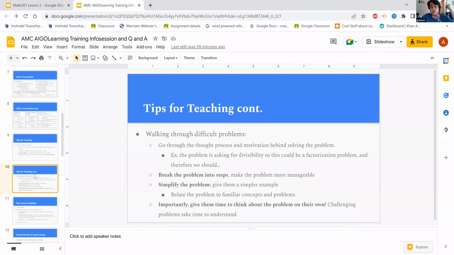And you want to break the problems into steps, to make the problem more manageable. I know this might be a bit difficult, but there are solutions online to a lot of these problems. I know it's really hard sometimes to come up with a solution to every single problem, especially when you're teaching a lot of problems and you probably have a lot of classes and other commitments outside of this.